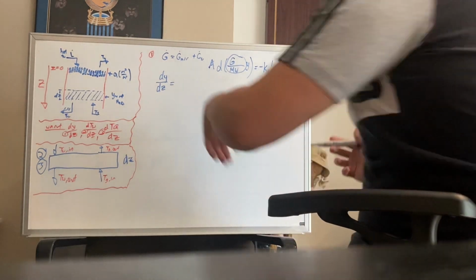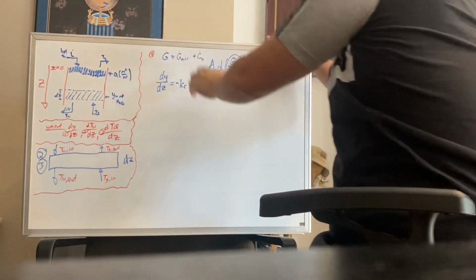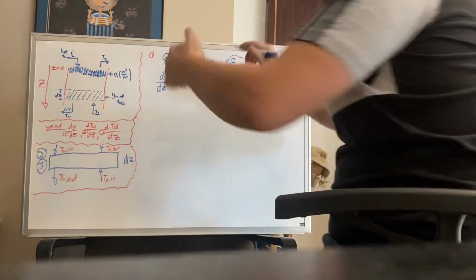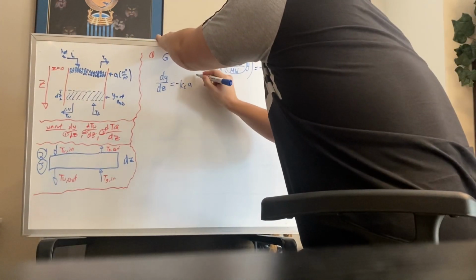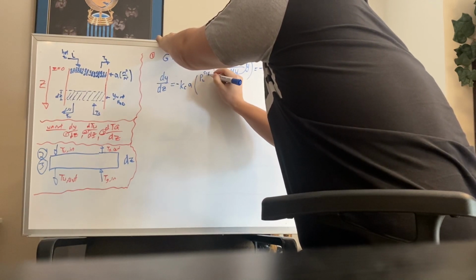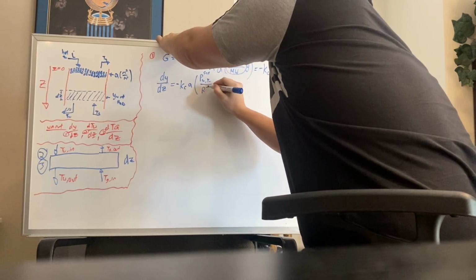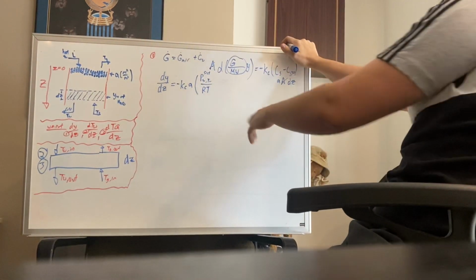And so we can do that, and I'm just going to rewrite it here to save some space. Negative mass transfer coefficient and the specific area A are going to get pulled out. That's going to leave us with the saturated partial pressure of water at temperature of water, over the gas constant multiplied by the temperature of gas.